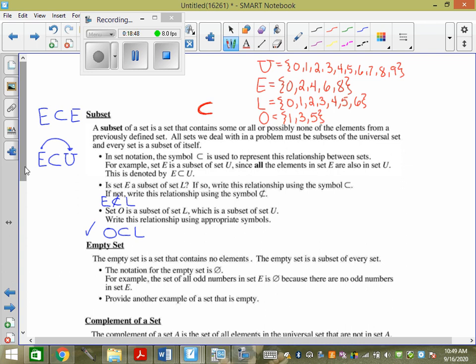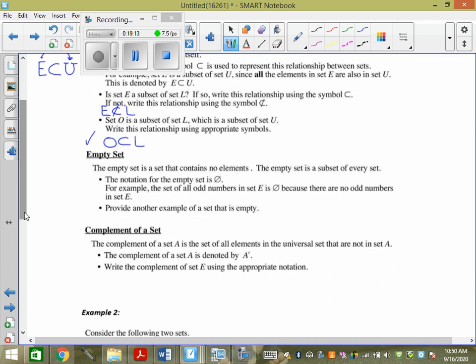But at minimum, in order for O to be a subset of L, L had to have O in it. So O is also a subset of O, L is a subset of L, because they contain themselves, right? So L wouldn't be a subset of O though? L would not be a subset of O because all of L is not in O. So immediately if a set is bigger than the other one, it can't be a subset of it. Good call.